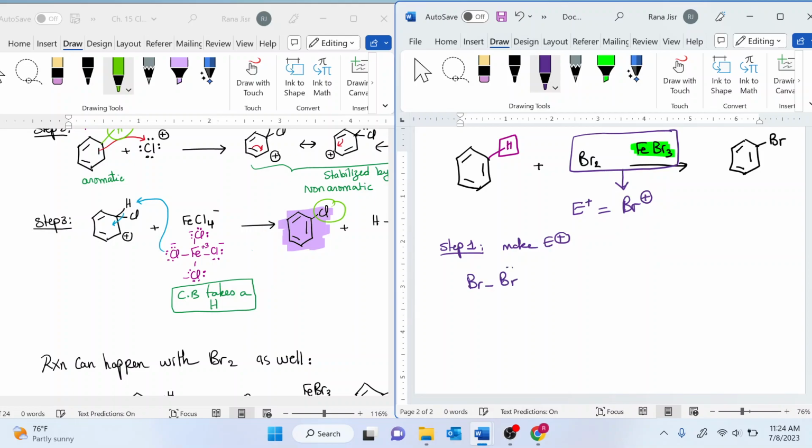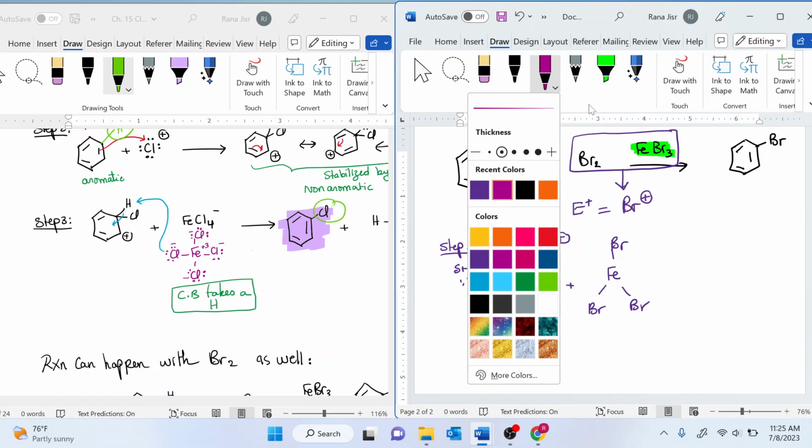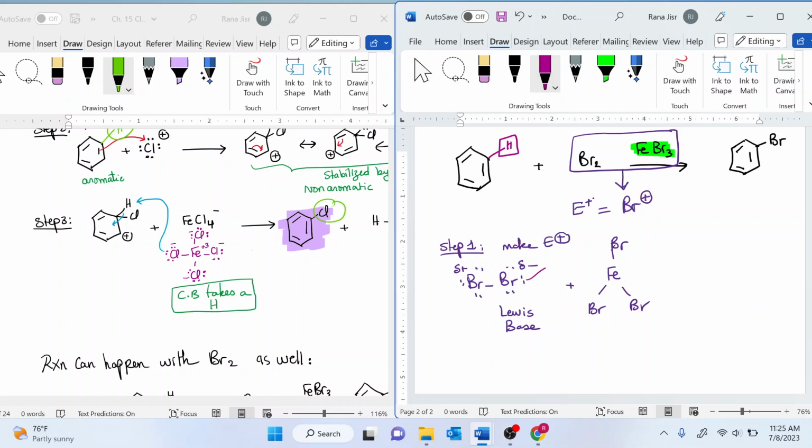So I have my bromine. Bromine in this case is going to act, from the Br negative, as my Lewis base, that is going to be my source of electrons, that is going to make a complex with the iron bromide. So the reaction is going to happen as such. The bromine is going to come and give electrons to the iron because we said that iron is electron deficient.